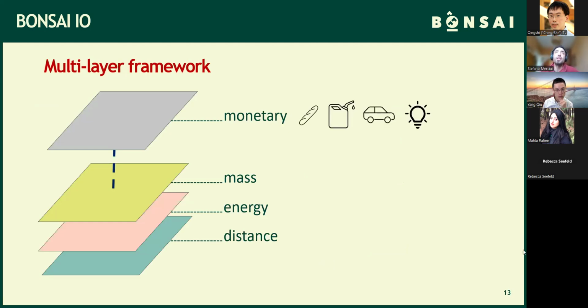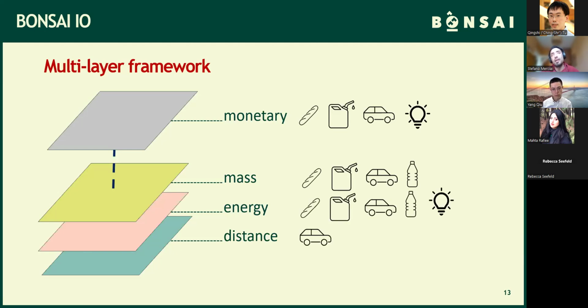For example, we can have bread, fuels, cars that can be accounted according to the monetary layer. But at the same time, we can also have the mass layer, where we have all the flows that can be accounted using a unit of measurement such as kilograms or tons. So we have bread, fuels, and cars, and so forth.